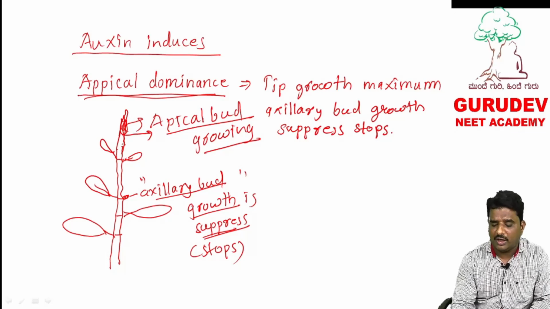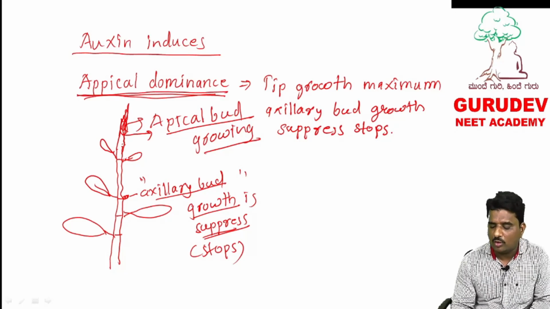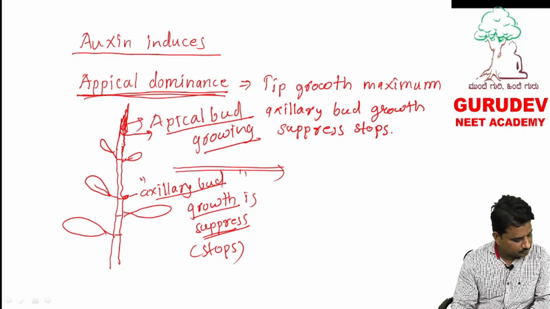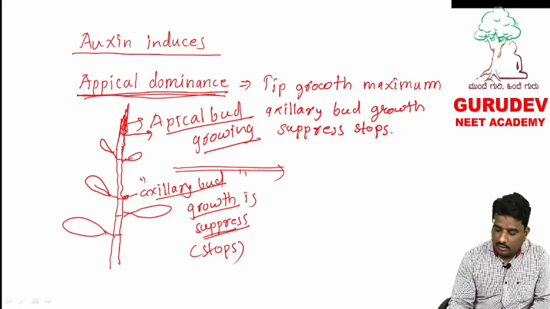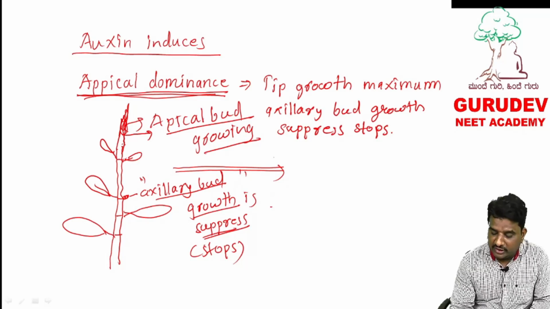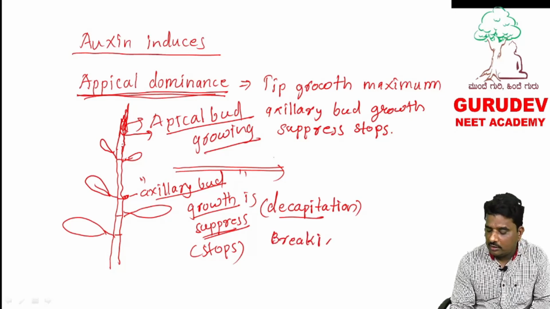That kind of phenomenon is called apical dominance, because the tip is growing and lateral bud growth stops. Now you can break this apical dominance by a process called decapitation. Decapitation means breaking of apical dominance.